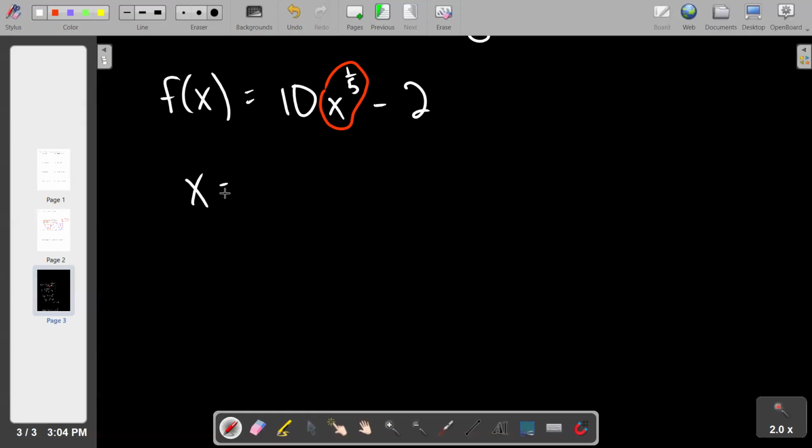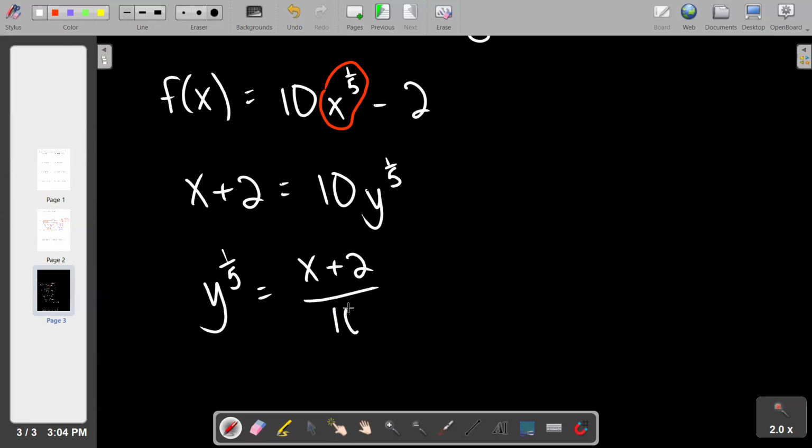So x equals, and by the way, if you want to save some time, is there any law that would prevent me from doing a little bit of that? No. You're going to have to add the 2, right? Just do it now while you invert, maybe save a little bit of time. And then if you want to do the swap like your OCD teacher does, I could say, okay, so now I have y to the power of 1/5 is equal to x plus 2 divided by 10.